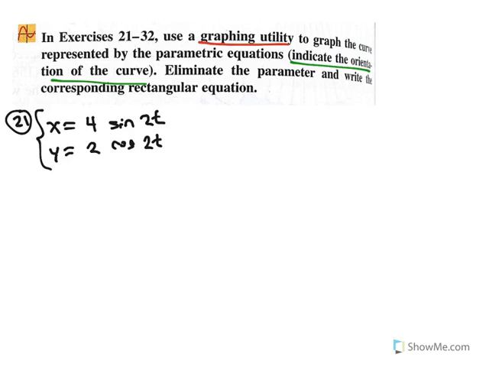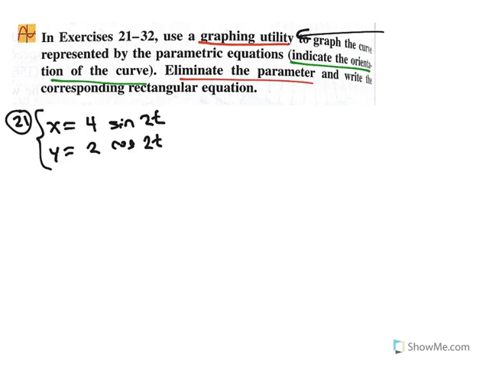So number 21, this is our set of parametric equations. x is equal to 4 times sine of 2t, and y is equal to 2 times cosine of 2t. Now, we'll look at the part with the graphing utility second, but first let's take a look at how we can eliminate the parameter.